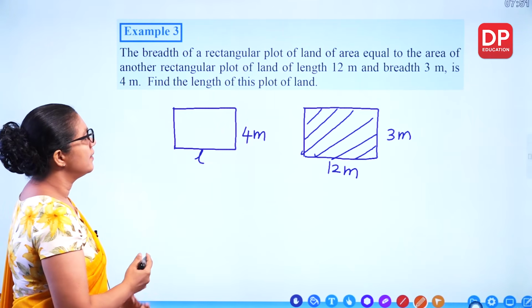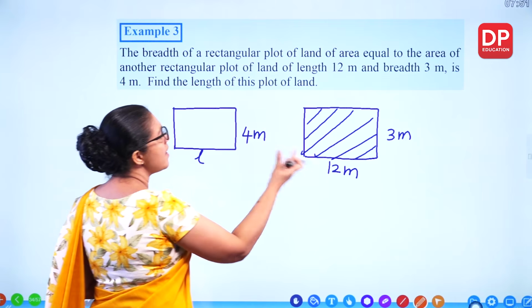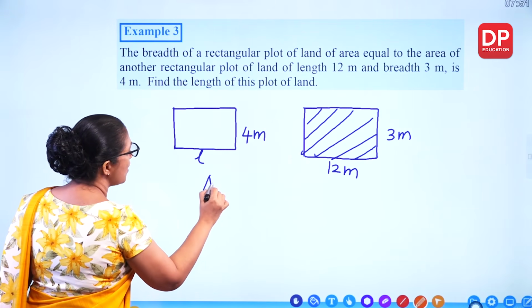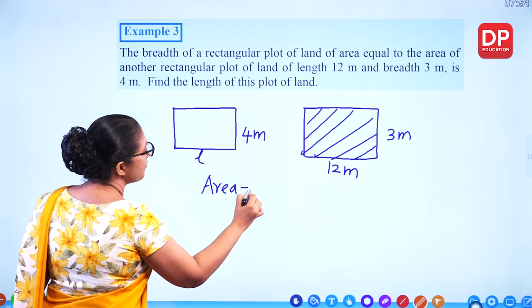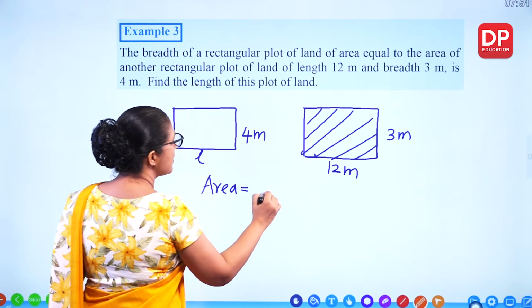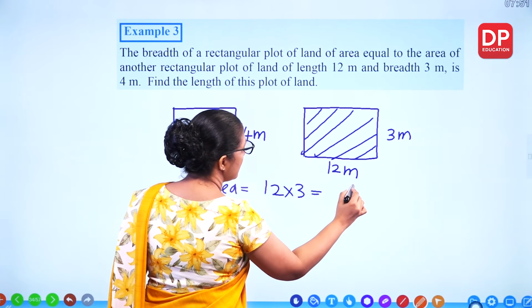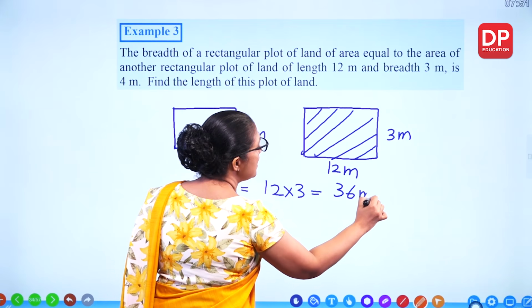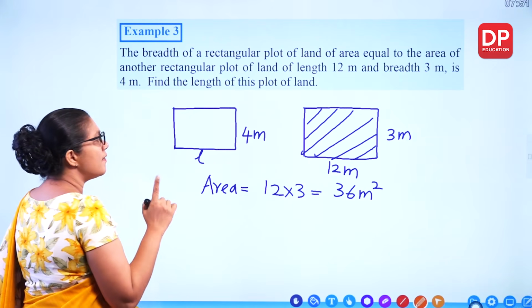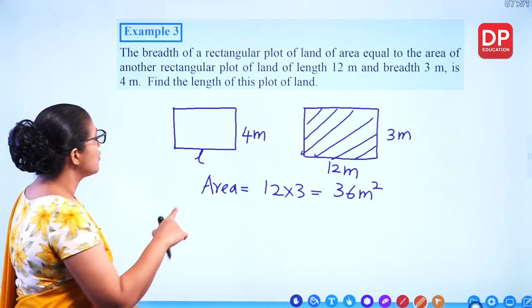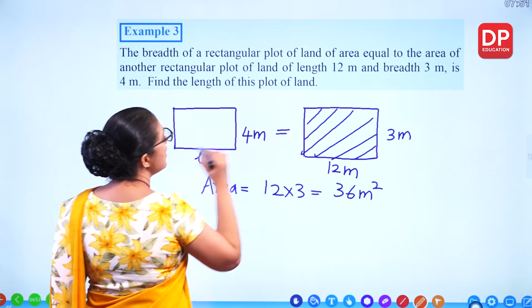So you are asked to find out the length. We'll put L. Now if the areas are equal, so what's the area here? Area is 12 times 3. That's 36 square meters is the area. That's equal to this area. So these two are equal in area.